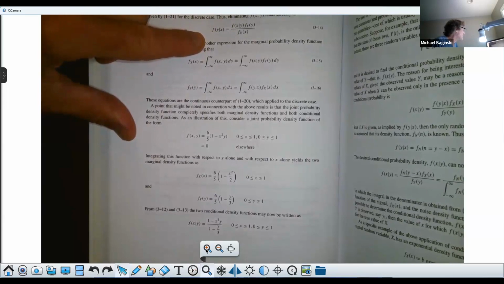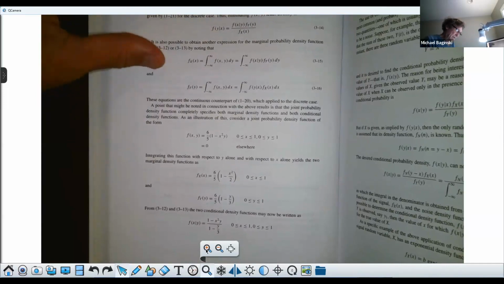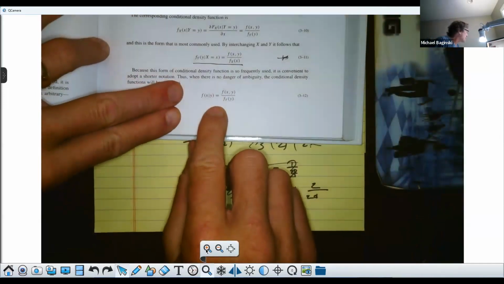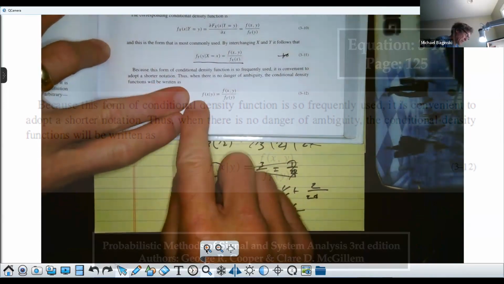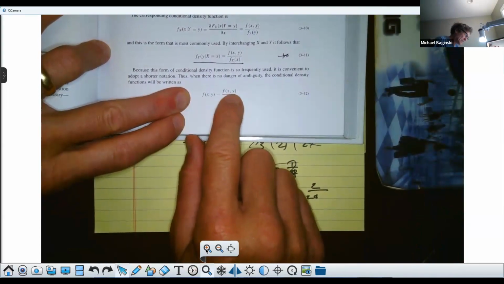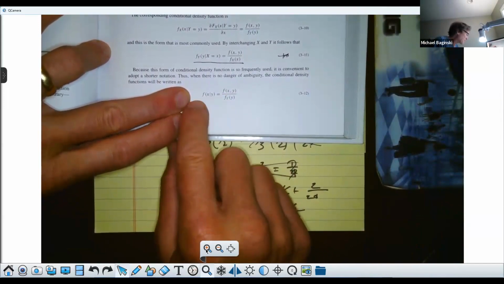The top one is really f of x, y, but it is the same thing. Let me stop for a second and explain what I'm doing. Remember, f of x given y is f of x, y over just f of y. So if I multiply by f of y, I get f of x, y is f of x given y times the density function of just f of y.